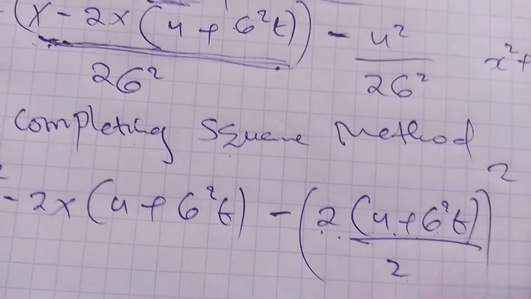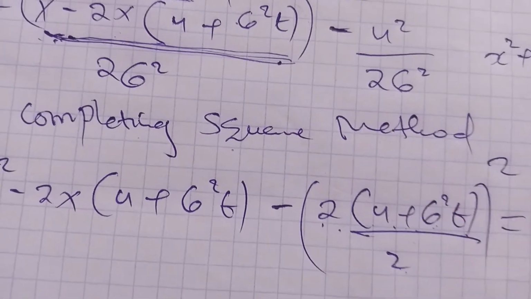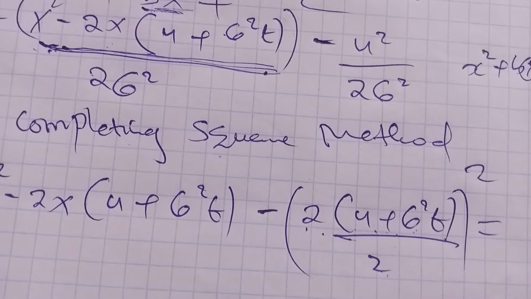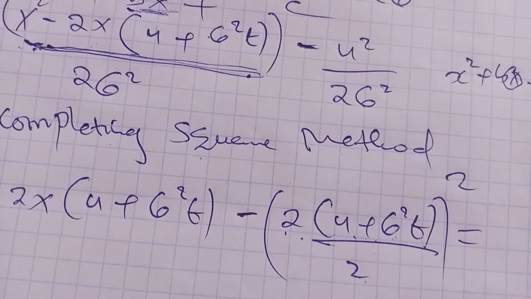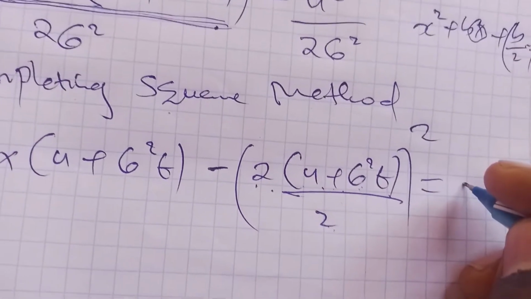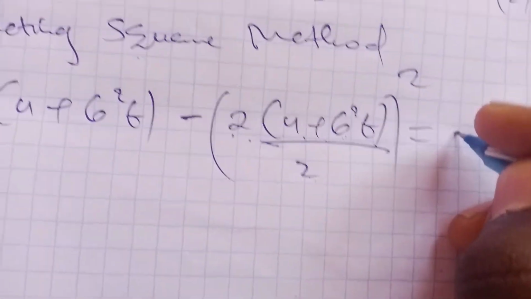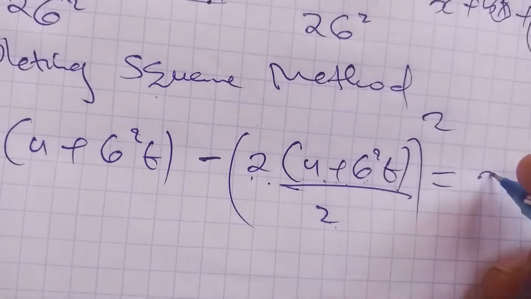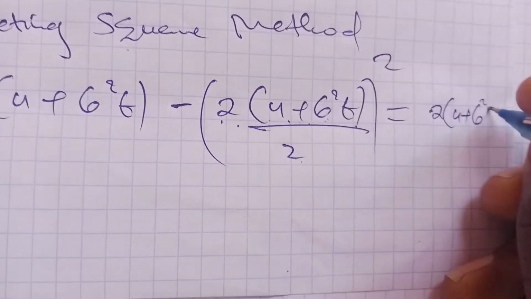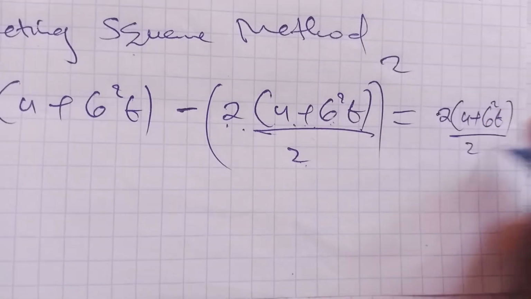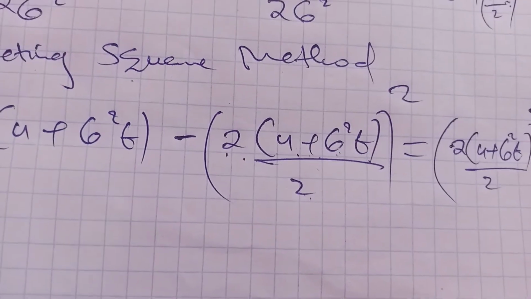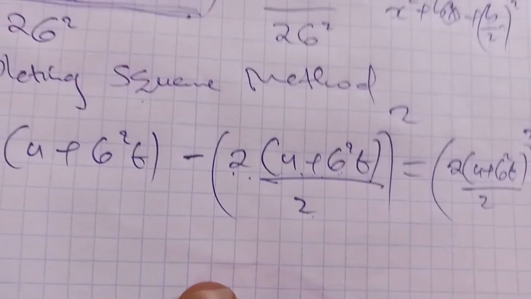Then we are going to square it. Now, you want to move this to the other side, you want it again, and you square it. So it will be (2 (u plus sigma squared t) divided by 2) squared.